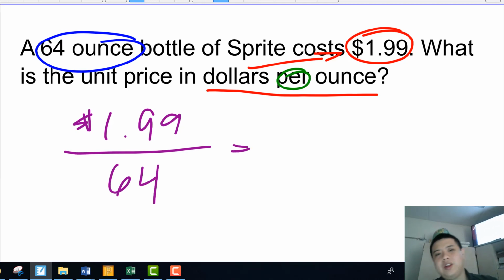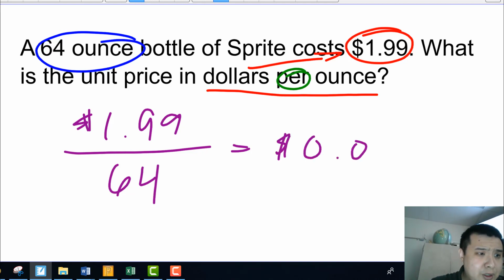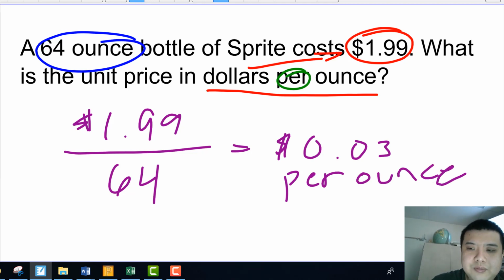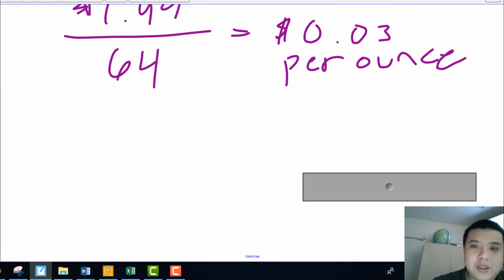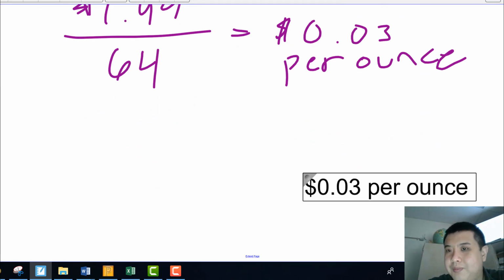You can do that in your calculators. And when you do that, you get 0.031, which we're going to round to 3 cents because we can't have 0.1 of a cent. So 3 cents per ounce, which, according to this, is the correct answer.